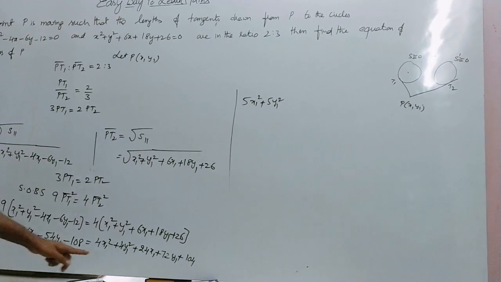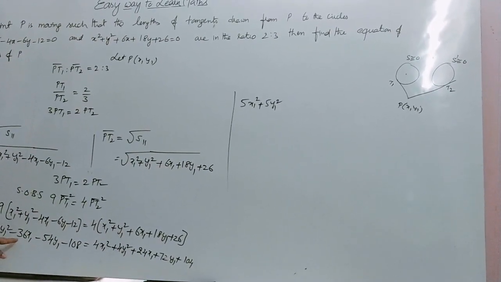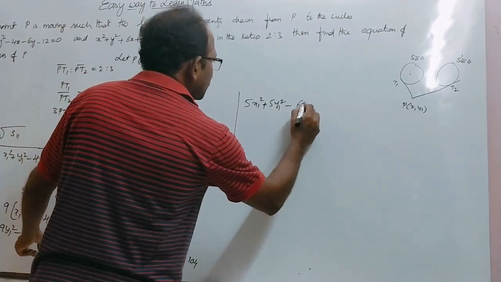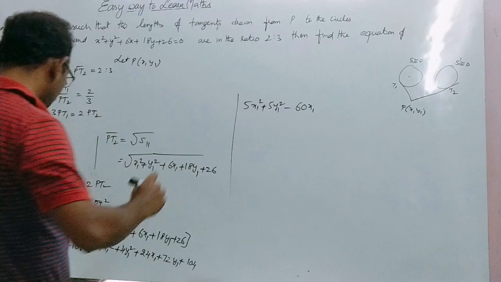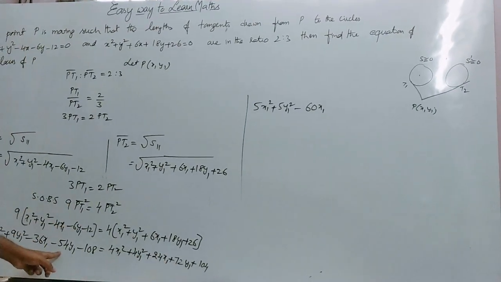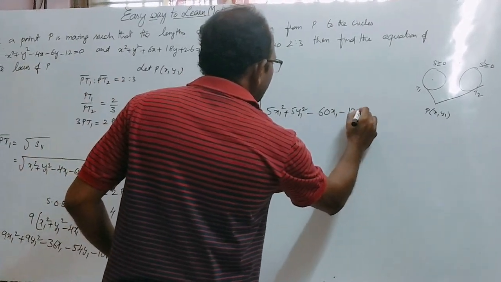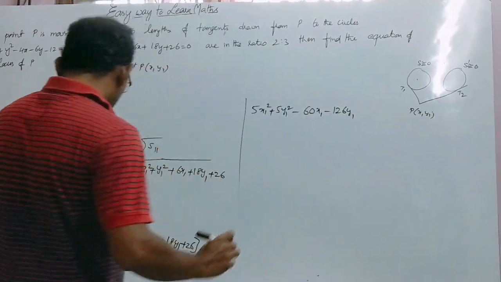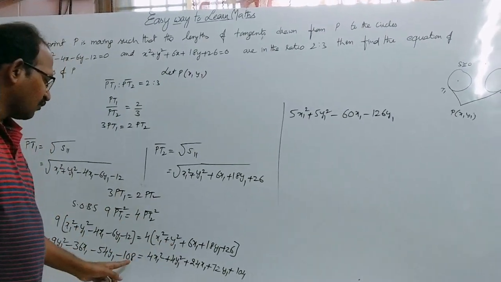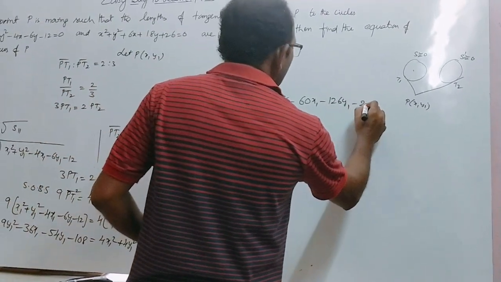Here minus 36 and minus 24. Therefore minus 36 minus 24 becomes minus 60x1, then minus 54 minus 72. Therefore minus 126y1, and then constants minus 108 minus 104, which becomes minus 212.